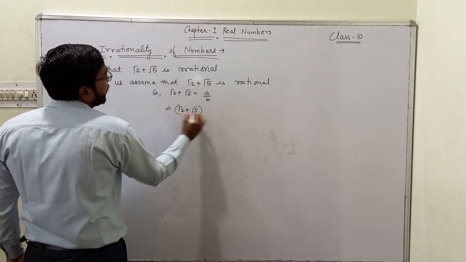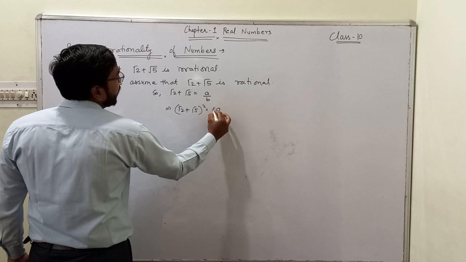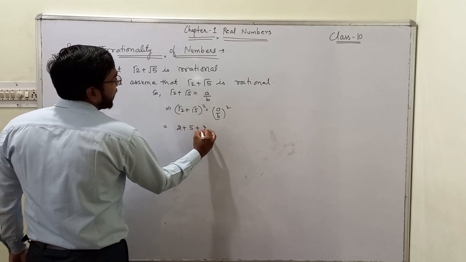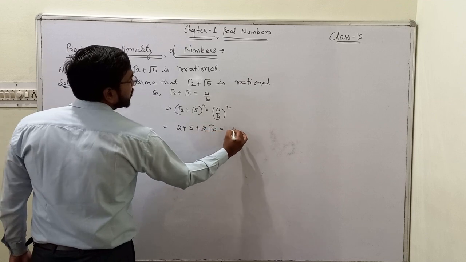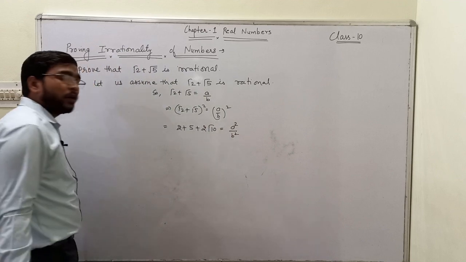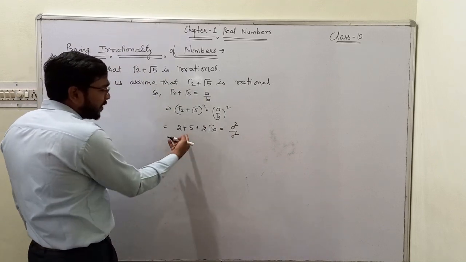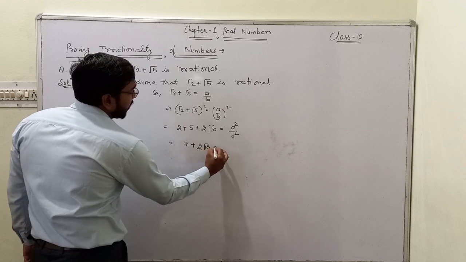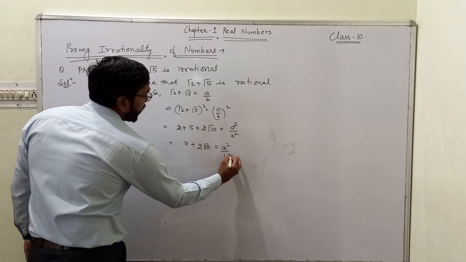Root 2 plus root 5 whole square equals a upon b whole square, that is 2 plus 5 plus 2 root 10 equals a square upon b square. Solving this expression we get 7 plus 2 root 10 equals a square upon b square.